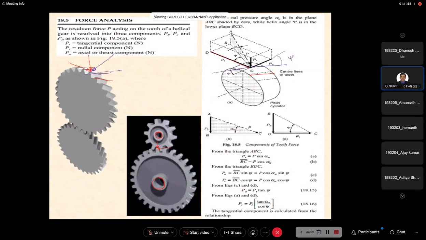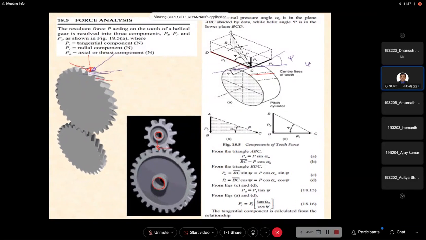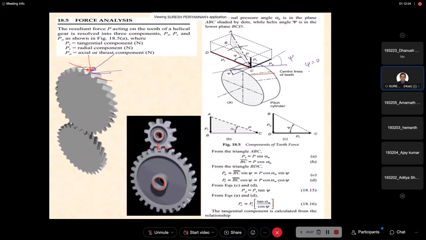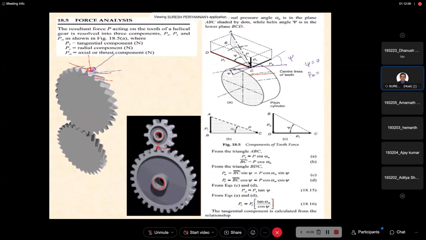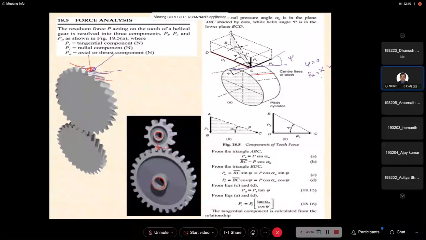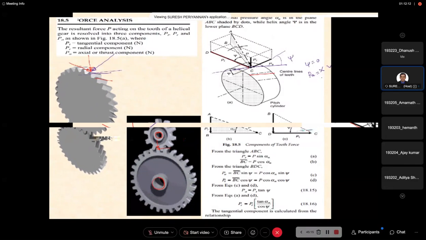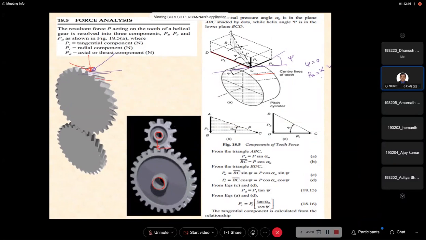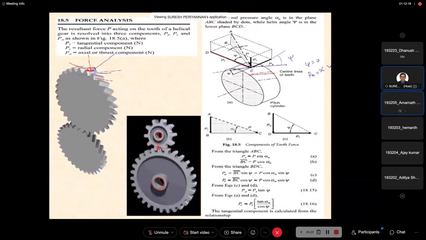Now you tell me, if helix angle psi is equal to 0, then what type of gear is it? And is PA going to be neglected or considered when psi is equal to 0? Spur gear, sir. Yeah, it will be spur gear.